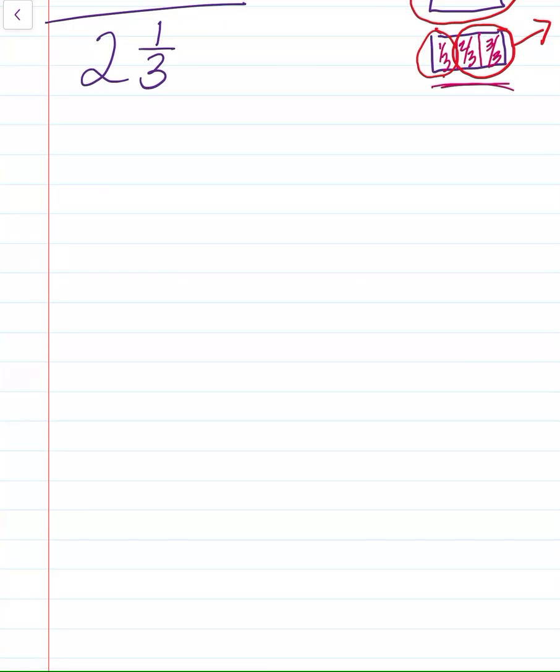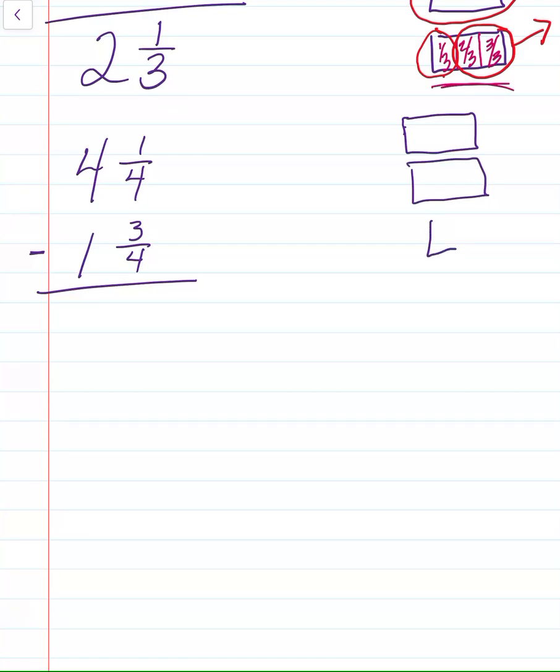All right, so let's say that we have, we'll just use the candy bar example again, right? So let's say that we have, this time though, 4 and 1/4 candy bars, and we want to take away 1 and 3/4. Okay, so 1, 2, 3, 4.